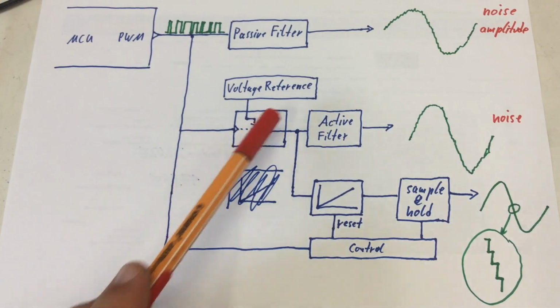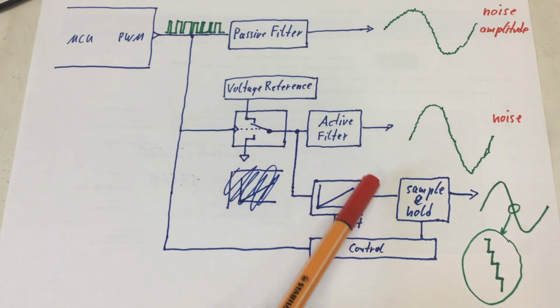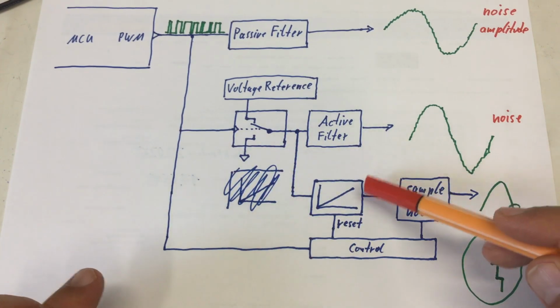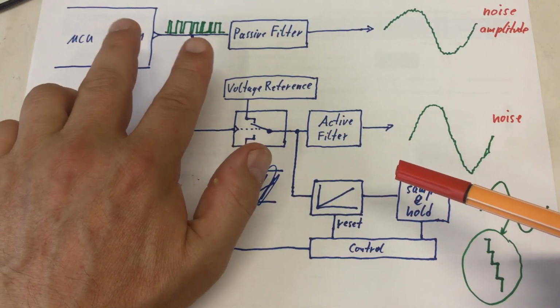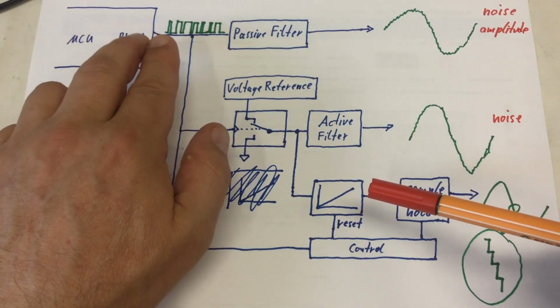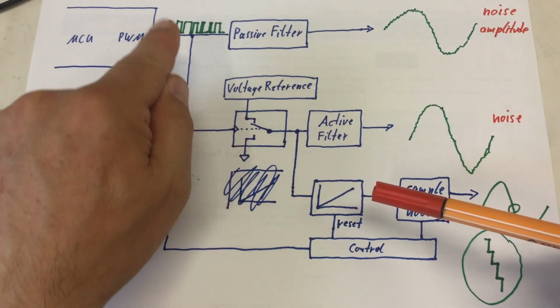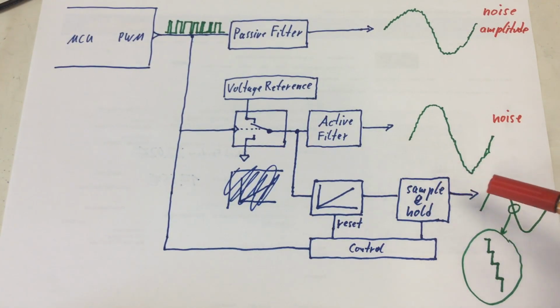Or we could feed our stabilized PWM signal into a resettable integrator, whose output would be proportional exactly to the duty cycle of our PWM signal. And after each PWM cycle, we can sample and hold that signal and output it.